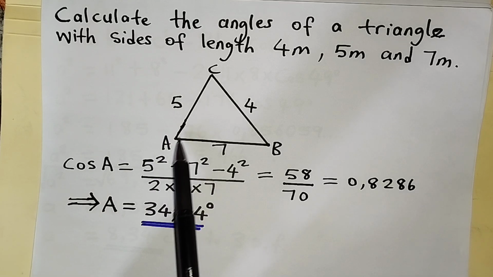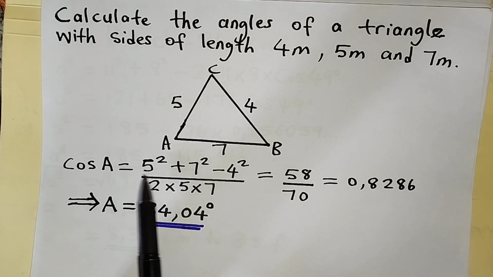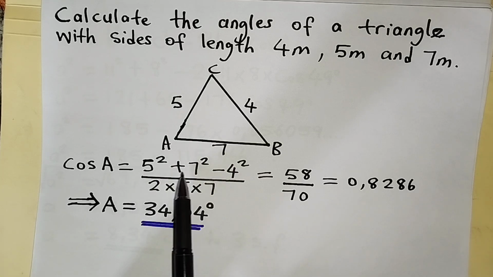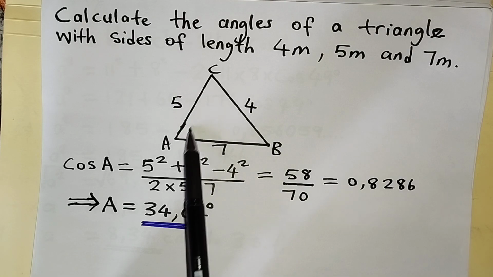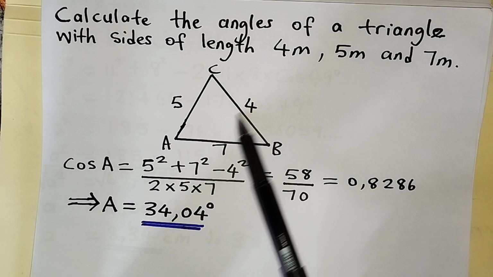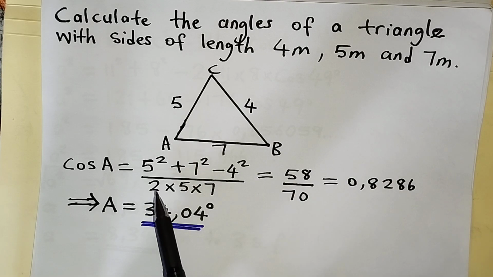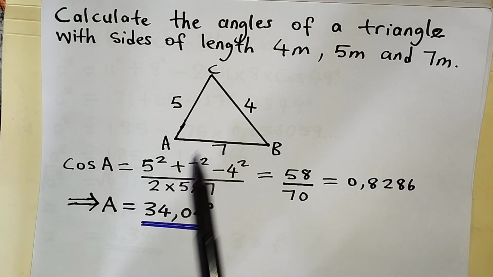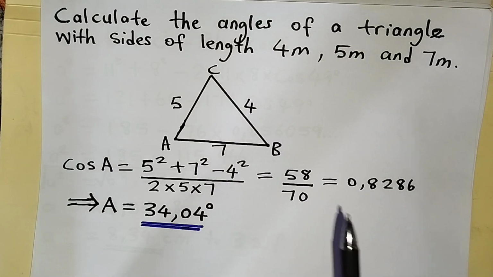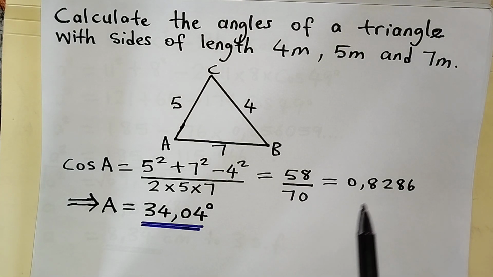Angle A is between this 5 centimeter side length and 7 centimeters, so I add the squares of these two sides which contain angle A in between, minus the square of the side which is opposite angle A, which is 4 squared, over 2 multiplied by 5 multiplied by 7, which are the side lengths which contain my angle A. So finally it's 58 over 70, which is 0.82286.